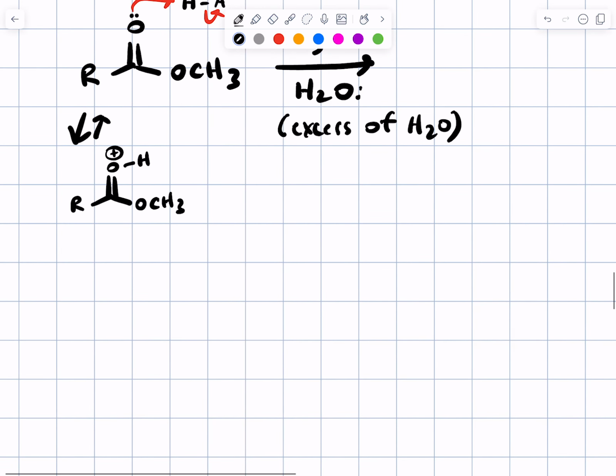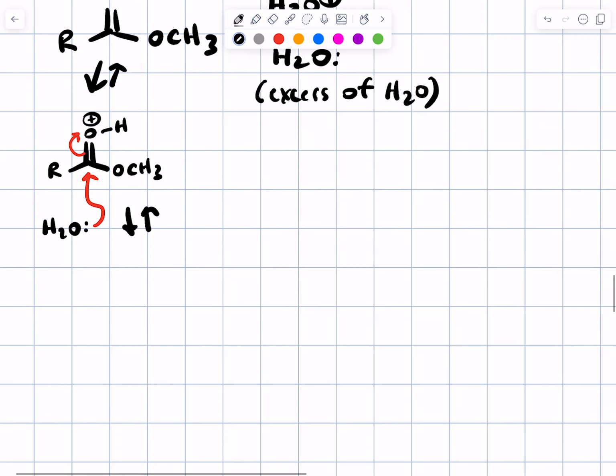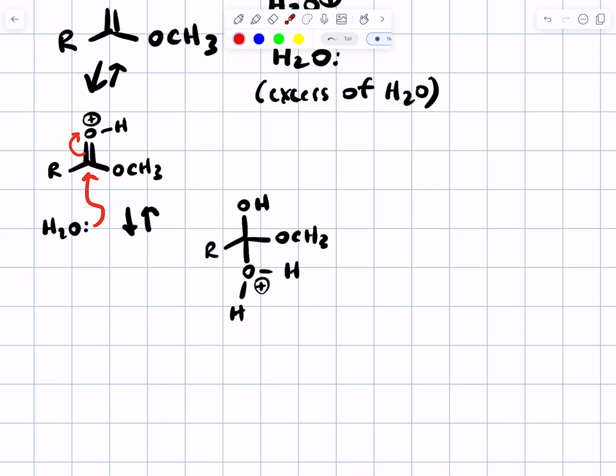Having activated the carbonyl, a neutral, weak nucleophile like water is a strong enough nucleophile to attack the carbonyl carbon. This is going to generate a tetrahedral intermediate. Notice you should feel okay about this tetrahedral intermediate because effectively we have traded one positively charged oxonium ion for another.